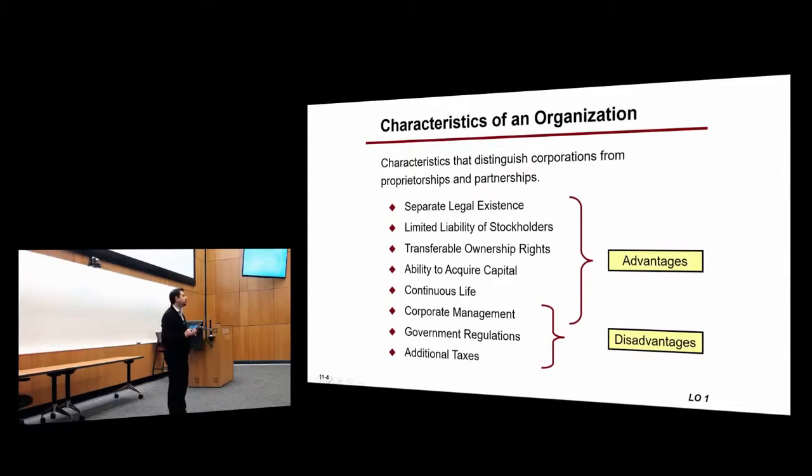On the other hand, corporations, the owners who are the shareholders and stockholders, their liability is limited to their investment in the company. So the worst thing that can happen is that they lose their investments. However, the banks, the creditors, will not come after their personal assets.